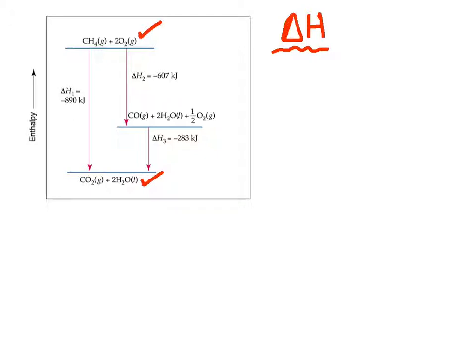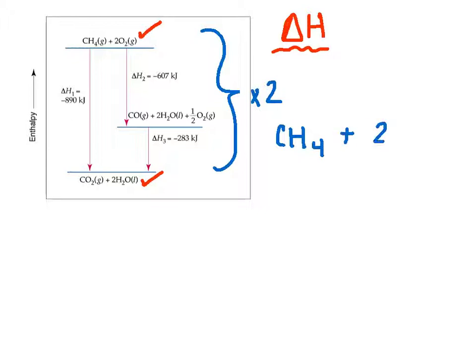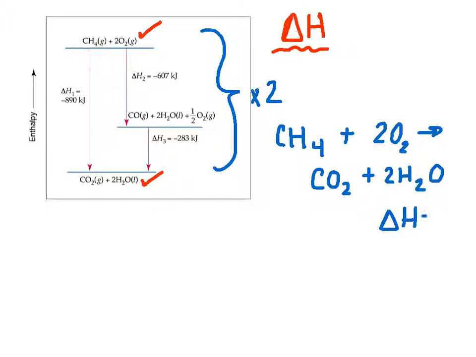If we were to run this whole reaction twice, it probably wouldn't surprise you that we would get 2 times the energy released. If we look at the initial reaction, and I'm going to leave out the physical states here, if we take one methane and react it with 2O2 to get CO2 and 2H2O, we know that if we just do that reaction once, the delta H is negative 890 kilojoules.